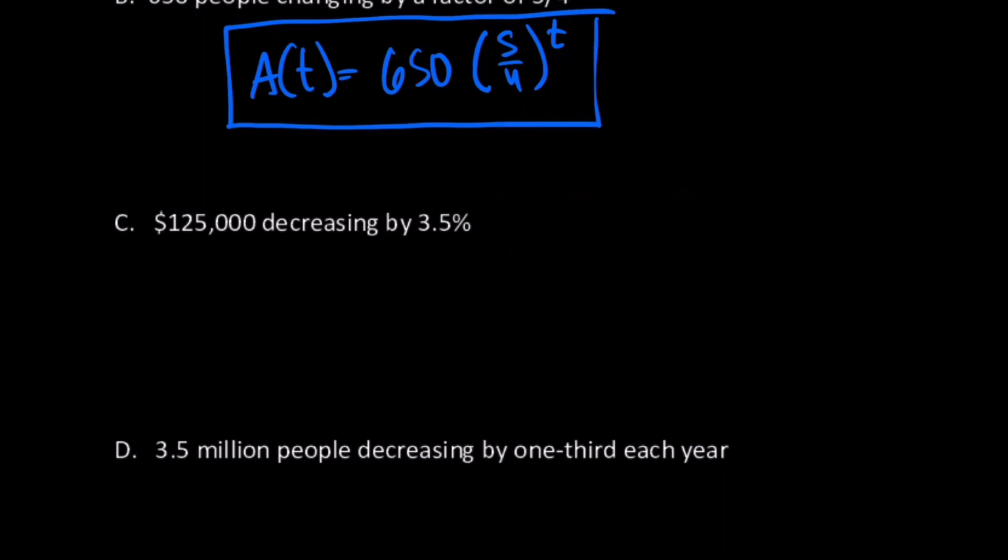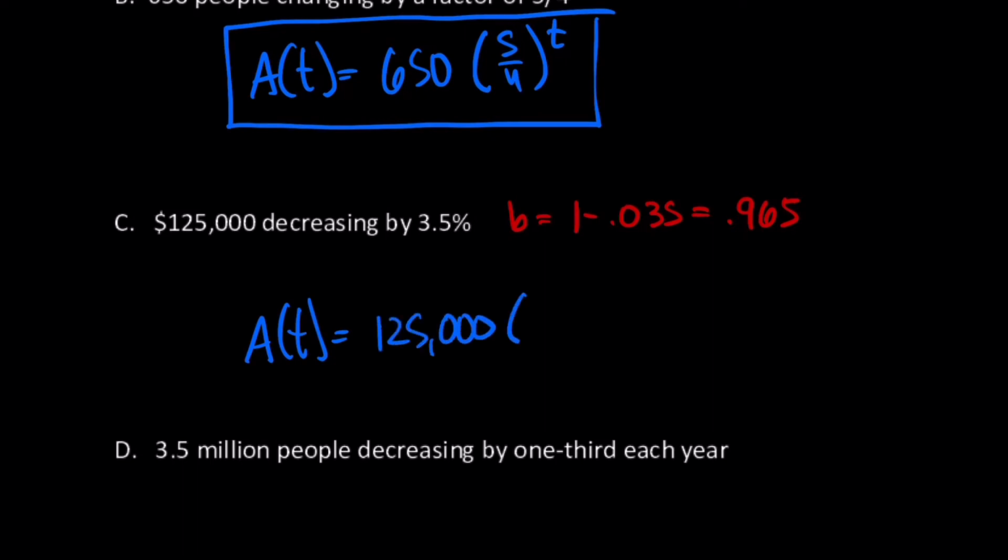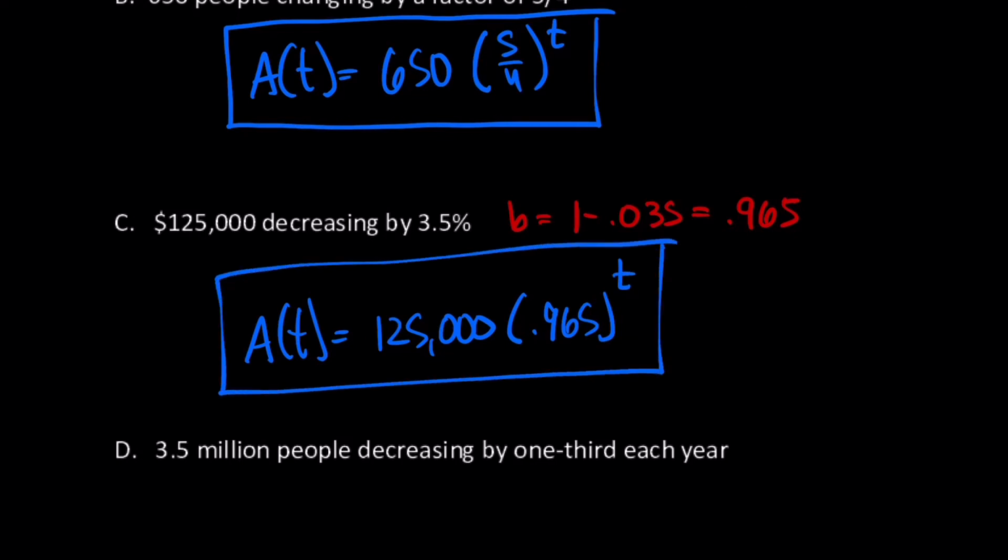So you actually would have to calculate that ahead of time. 1 minus 0.035, so that is going to be 0.965. That is your decay factor. Your equation then would be A of t equals 125,000 times 0.965 to the t. Only 3.5% leaves, so 96.5% remains, and that's what goes in your B term.